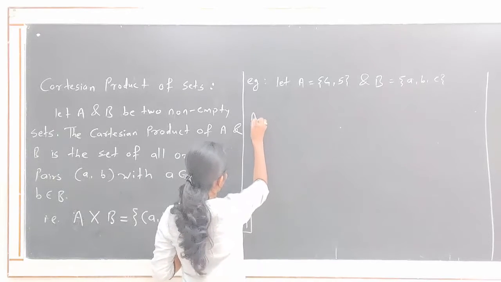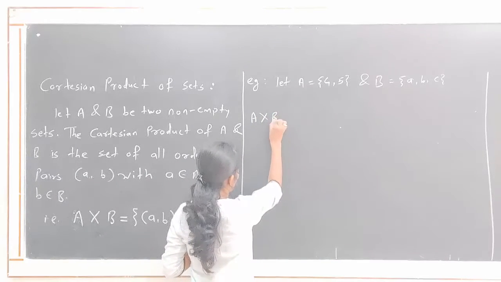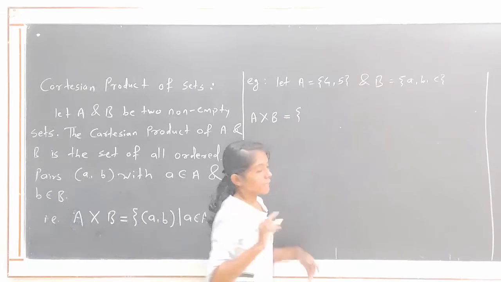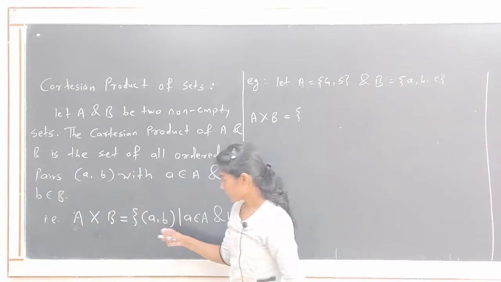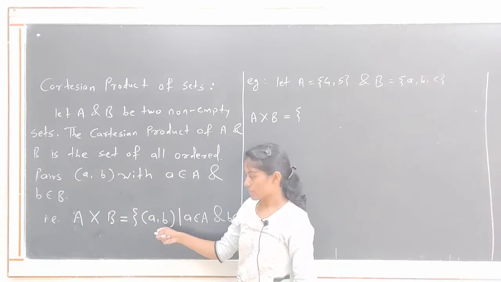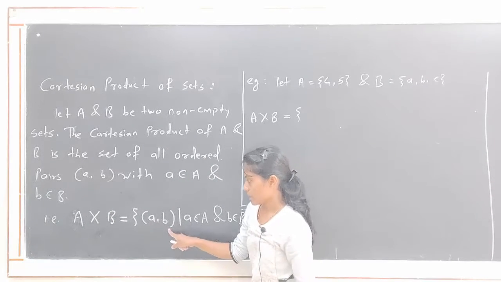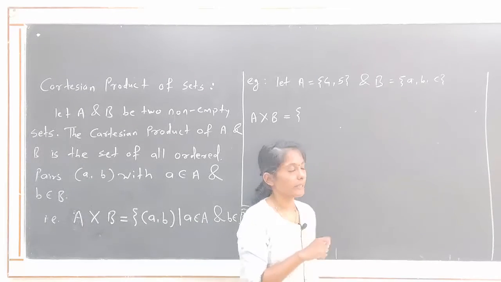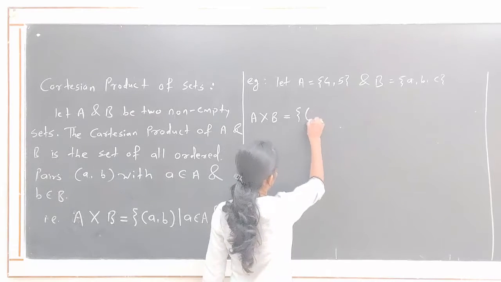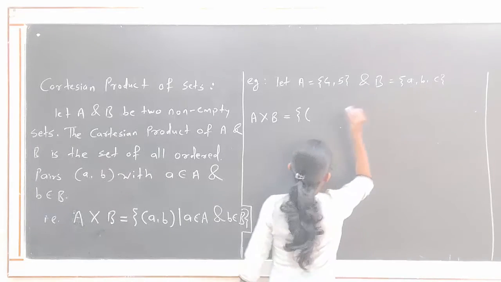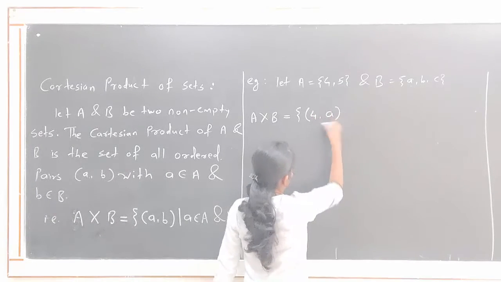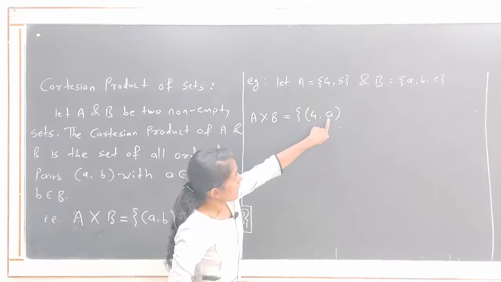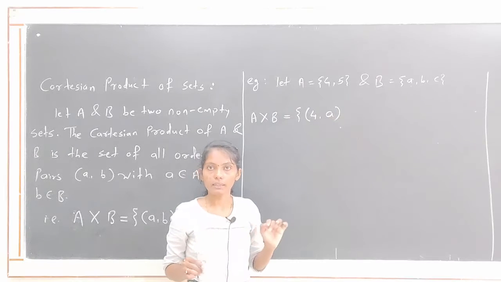So first of all we find the Cartesian product A cross B. So here observe, the set A cross B has ordered pairs (a, b) such that a belongs to A and b belongs to B. So we can take the first ordered pair (4, a). In this ordered pair 4 belongs to set A and a belongs to set B.